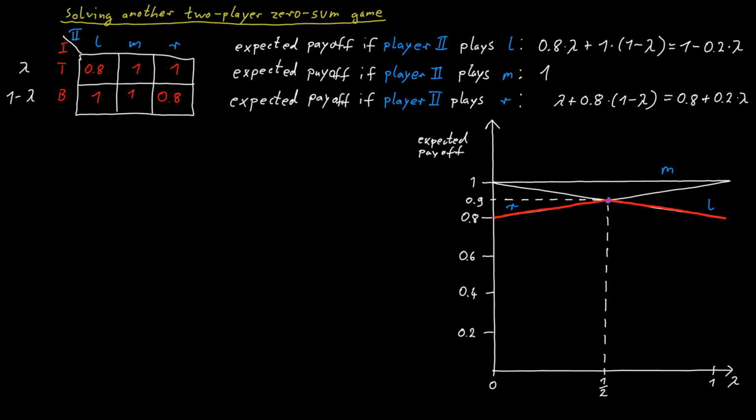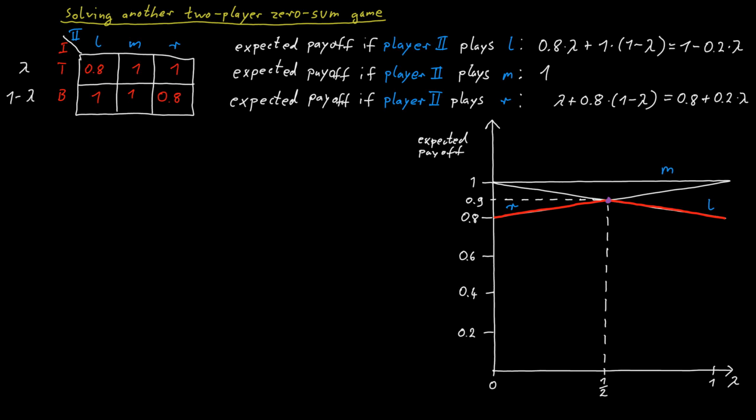We can see that playing strategy M is not a good response for player 2 to this, because this would give player 1 a larger expected payoff than either of the 2 other strategies. I mean, in this case, she would get a payoff of 1 rather than a payoff of 0.9. So player 2 would never choose the strategy M here.